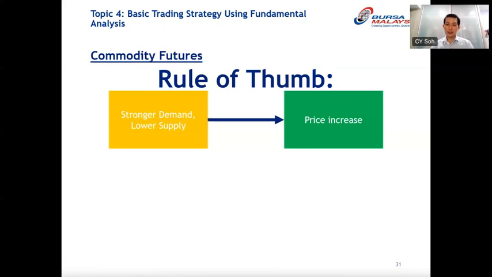So what it means is that the commercials are willing to pay a higher price for the commodity because they really want the physical product for their business operation, and therefore this will cause price to increase.